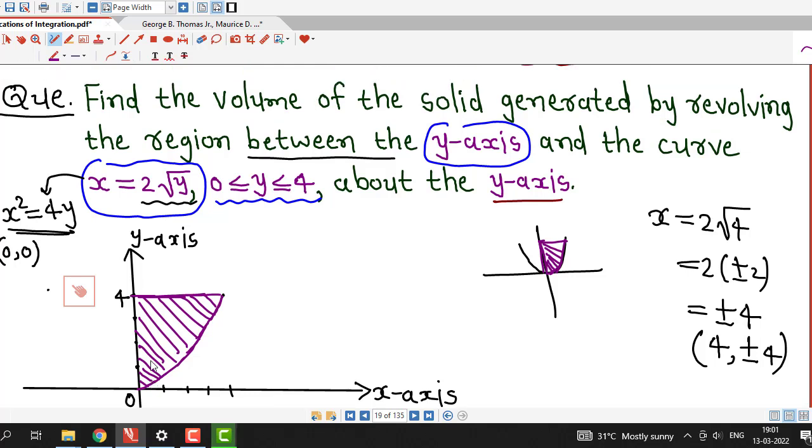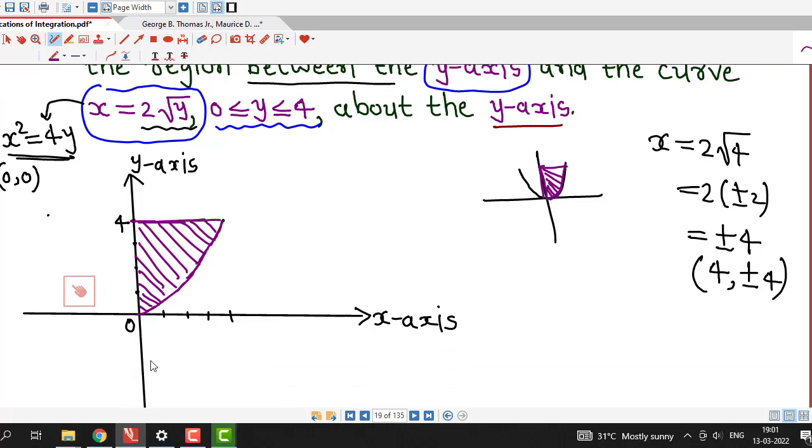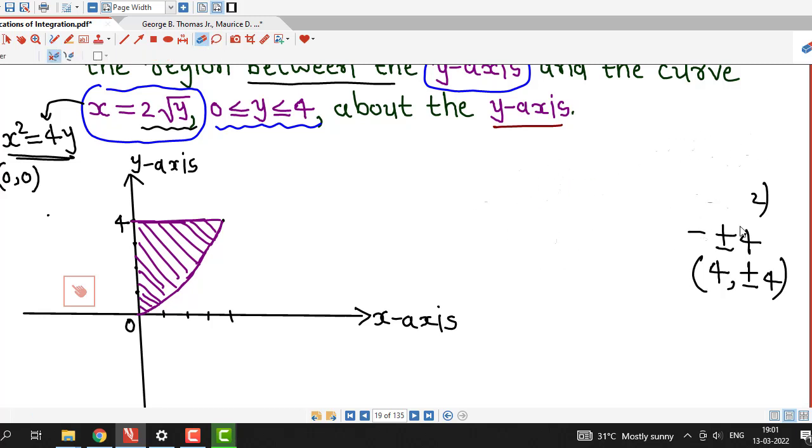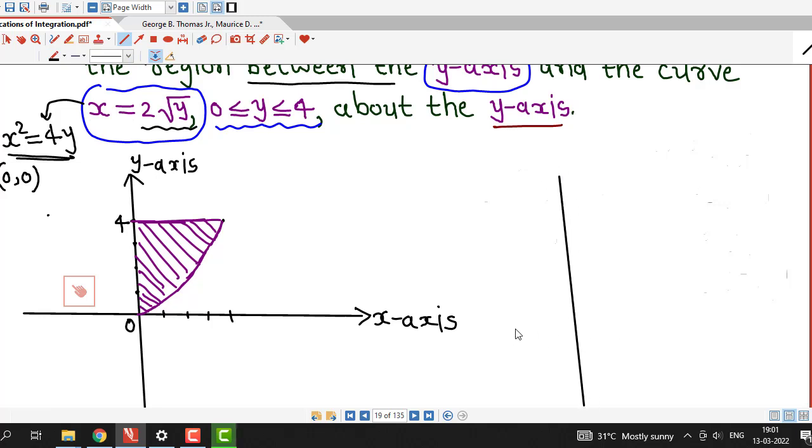Now we have to rotate this region about the y-axis. First we try to imagine the solid which will be generated by rotating this plane region about the y-axis. For that we again sketch this here somewhere.